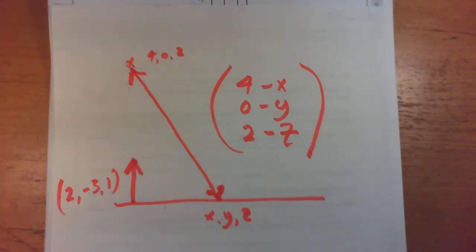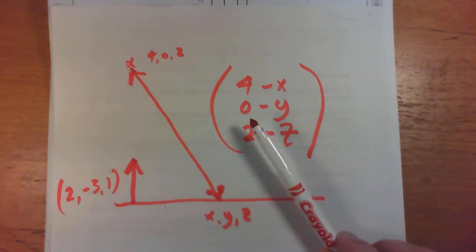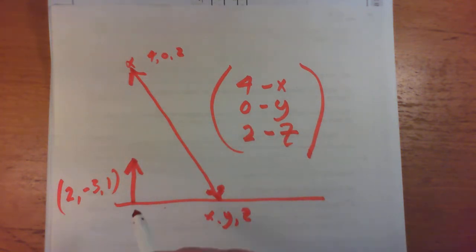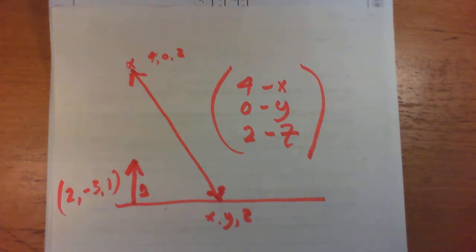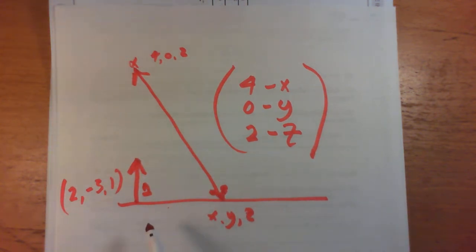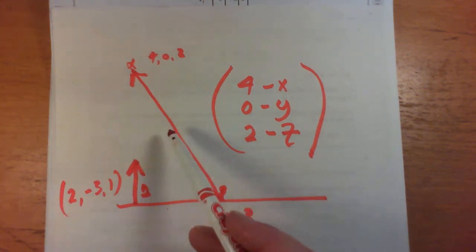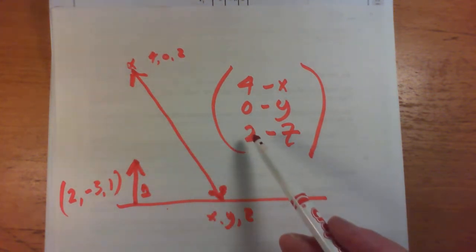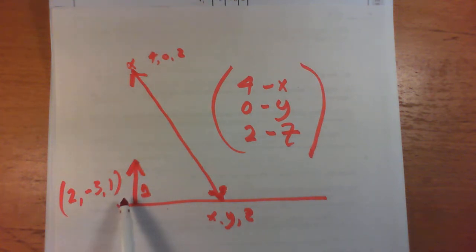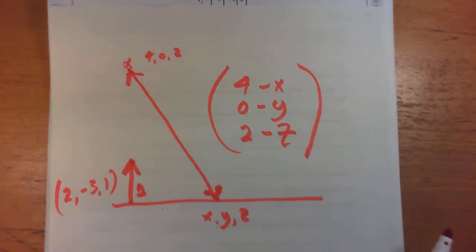To find the shortest point, I need to find the component of that in the n direction, the perpendicular direction, because this is going to meet the plane at the shortest distance where it hits it at a right angle. So I need to find the component of that vector in this direction.